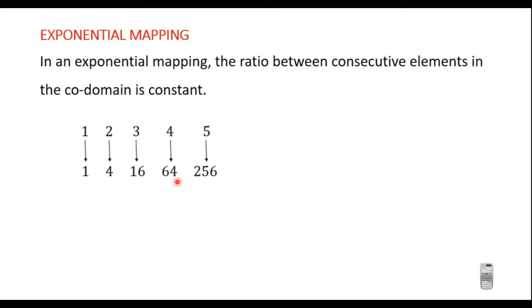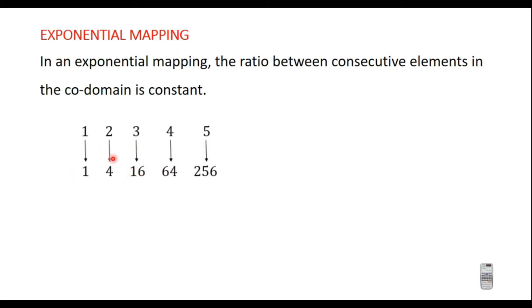So when you have this, we say that you have an exponential mapping. Remember that in exponential mapping, our main focus is on the codomain, not the domain. So we don't really pay much attention to what is happening in the domain. What we care about is what is happening in the codomain.